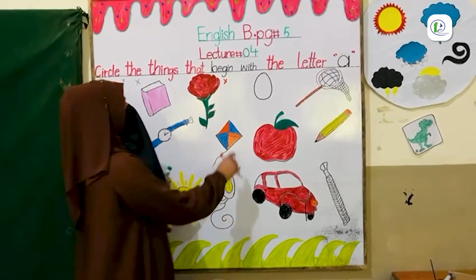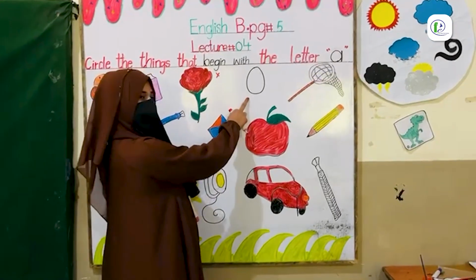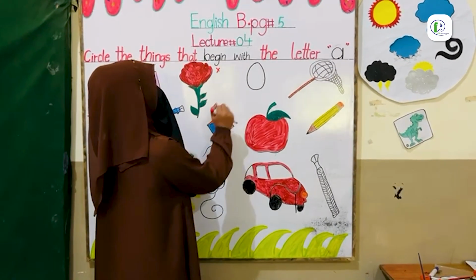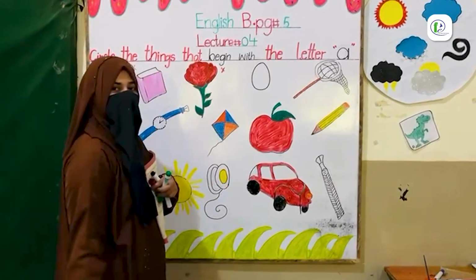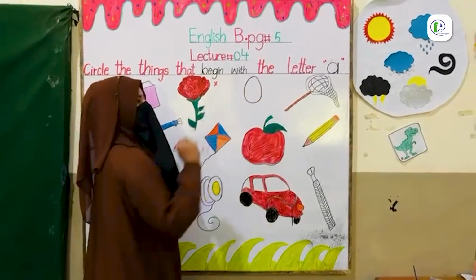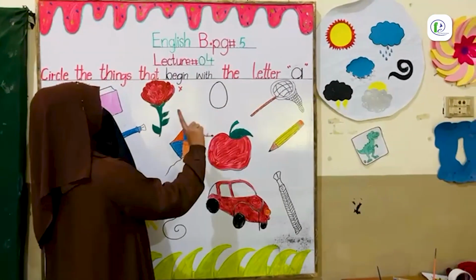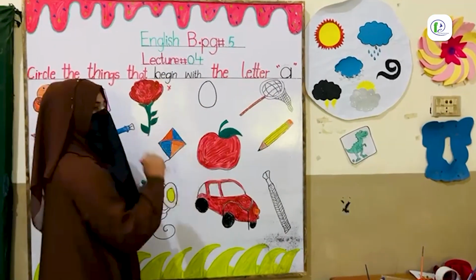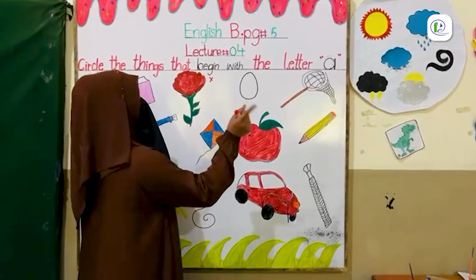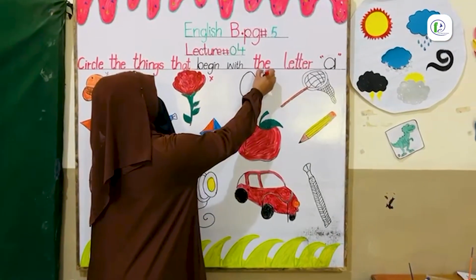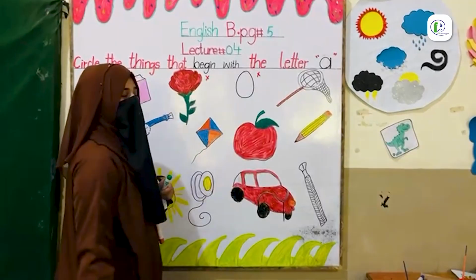Okay, what is this? This is an egg. Does it start with letter A? No. Should we circle it? No. We wouldn't circle it.